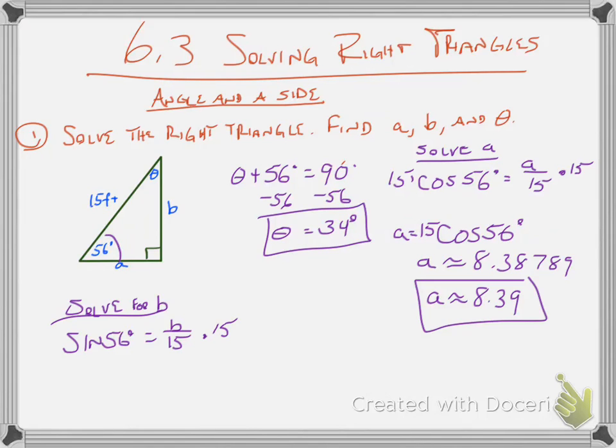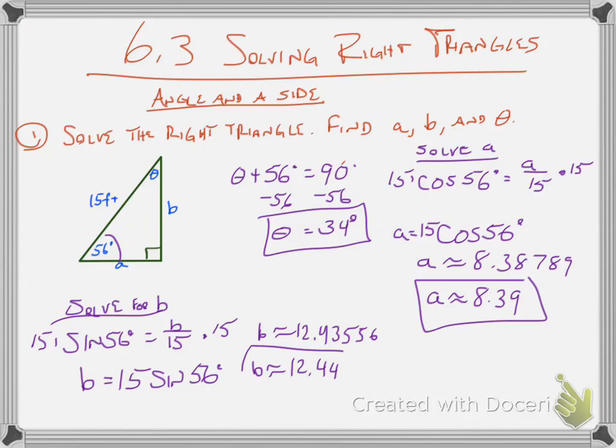Again, multiply both sides by 15, and I get B is 15 times the sine of 56, which is approximately 12.43556. Rounded to the hundredths, that's 12.44. For these parts you do need the scientific calculator to find the sine of these angles and measures, but you'll be able to use that this time around.